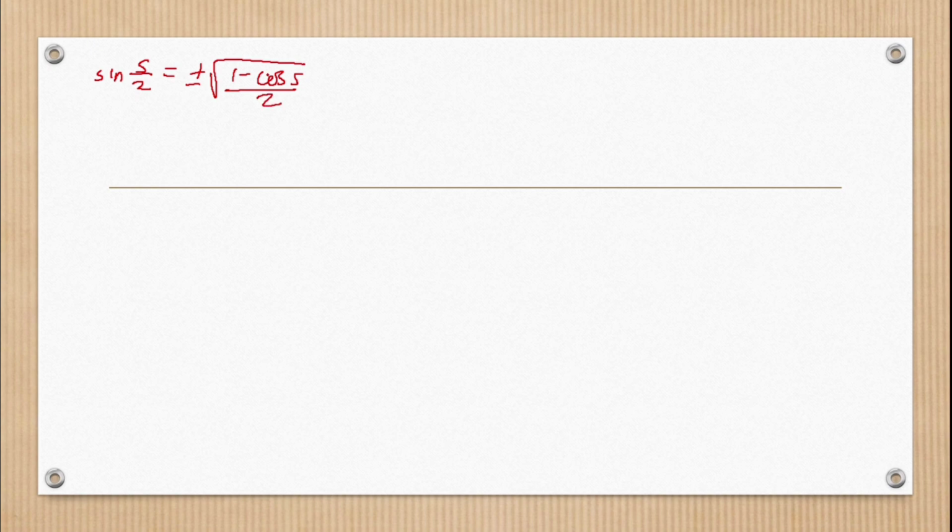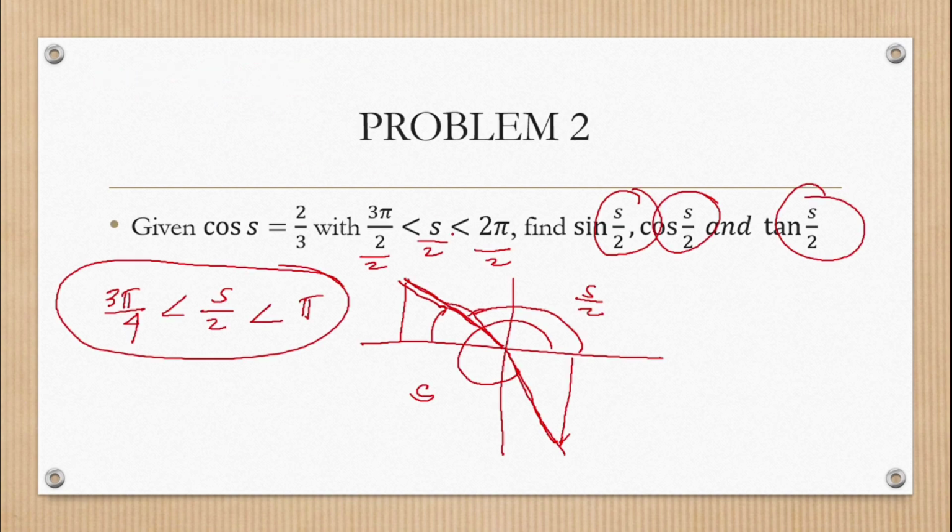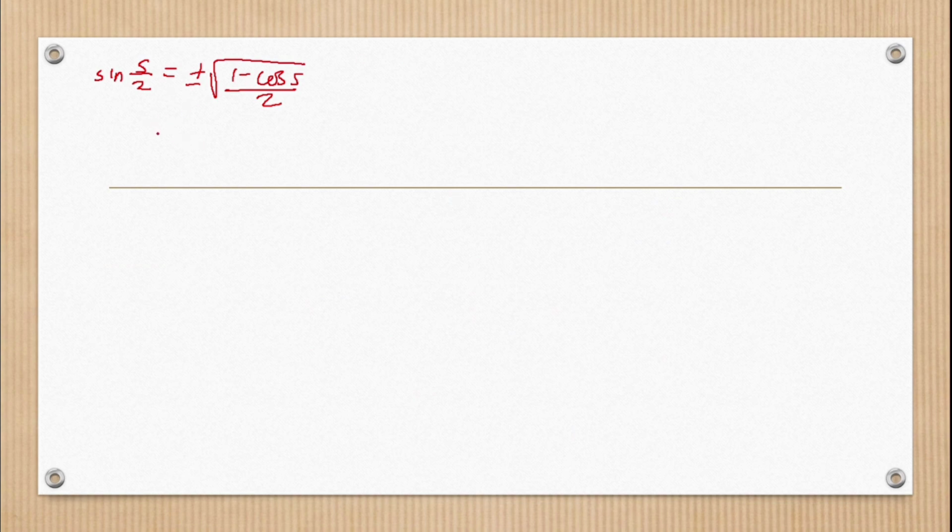Which one are we going to choose for sine s over 2? In this case the sign here is positive, so we'll make use of positive. So plus the square root of 1 minus 2 over 3, over 2. So plus the square root of 3 over 3 minus 2 over 3, divided by 2.